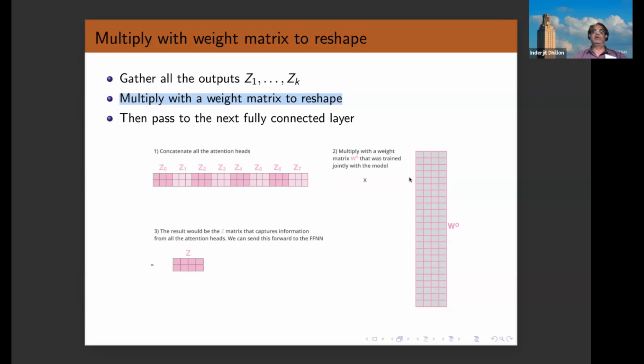The 24, the number of rows in WO, matches the number of columns over here, and this 4 is because the input dimensionality was 4. So you're mapping it back to 4 dimensions. Once you do this times this, the result is this Z matrix that captures the information from all the attention heads, and we send this forward to the feed-forward network.